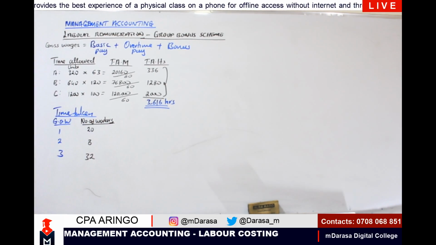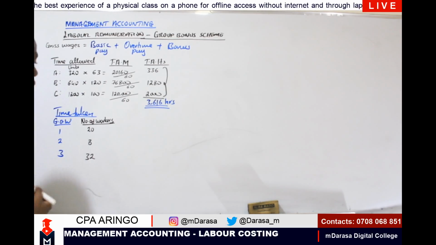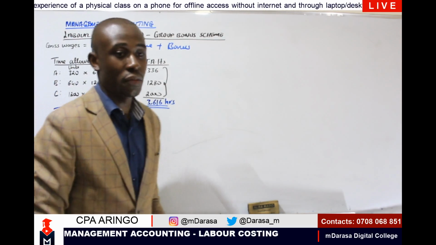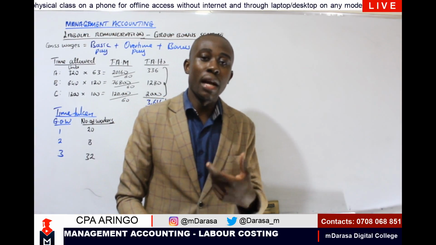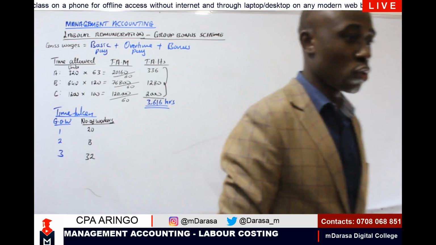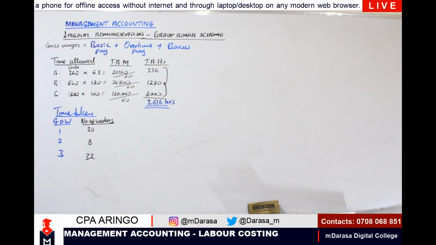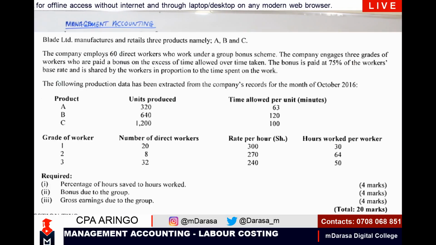And each worker for each grade, we are working for how many hours, or minutes in this case? If we look at this question, we can clearly see the hours worked per worker. Grade 1, I'm given 30. Grade 2, I'm given 64.